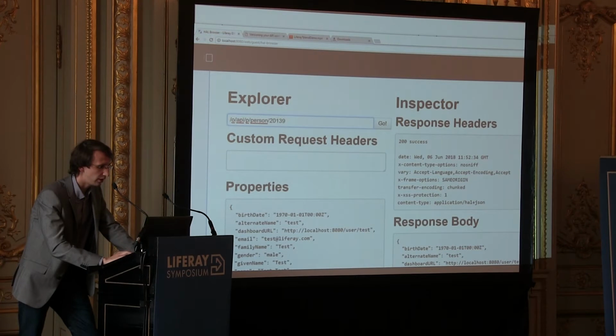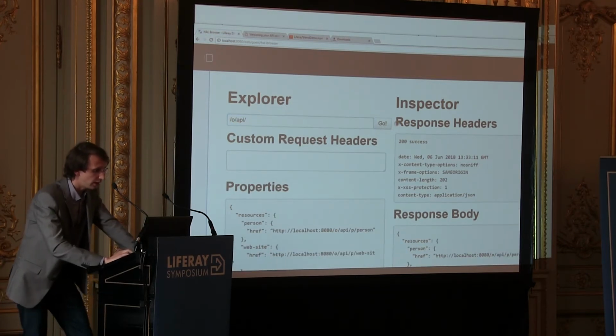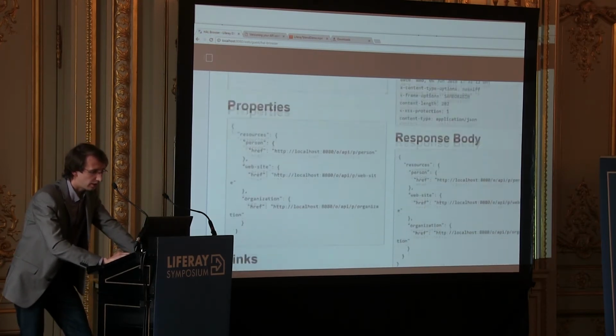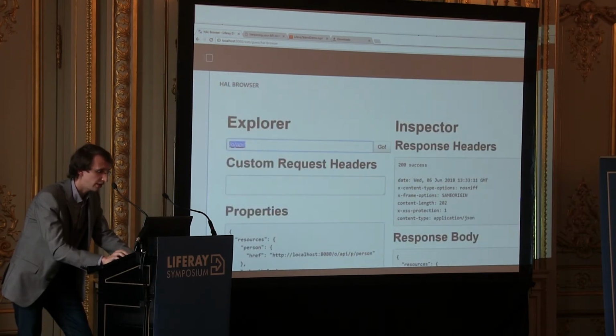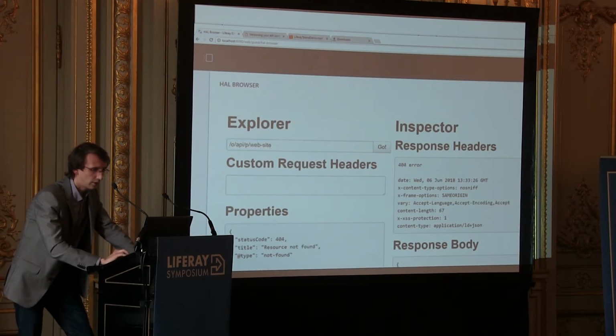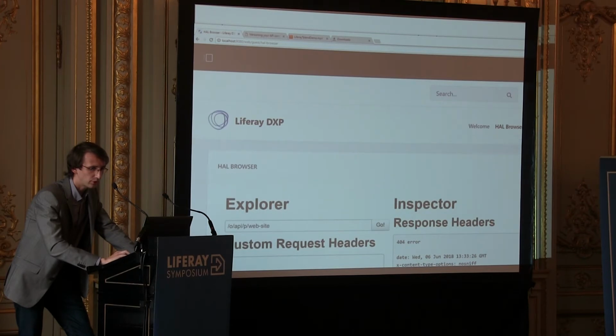So if I say API and I run that, what I get back is, well, the same output. I just wanted to prove to you that these things are really reusable, right? So if I run that, I need to be logged in, which I am currently not, apparently.